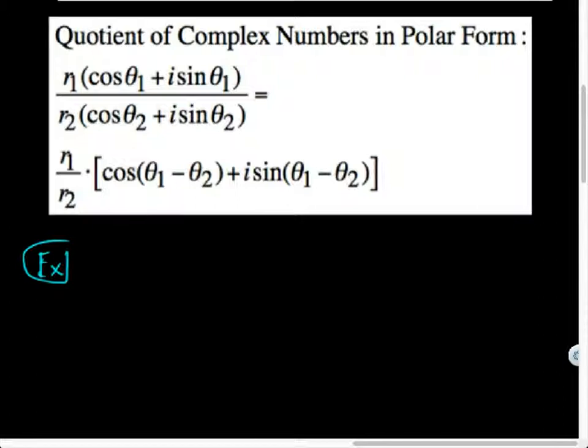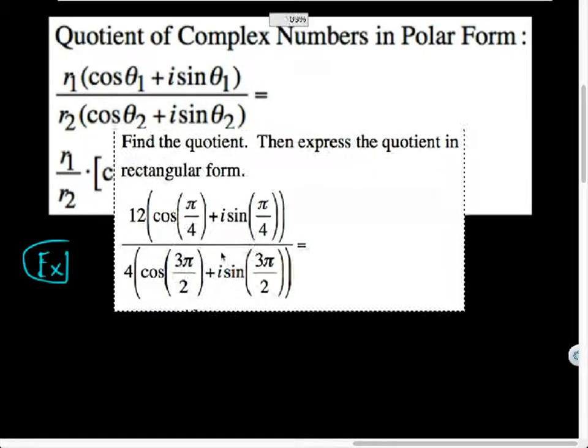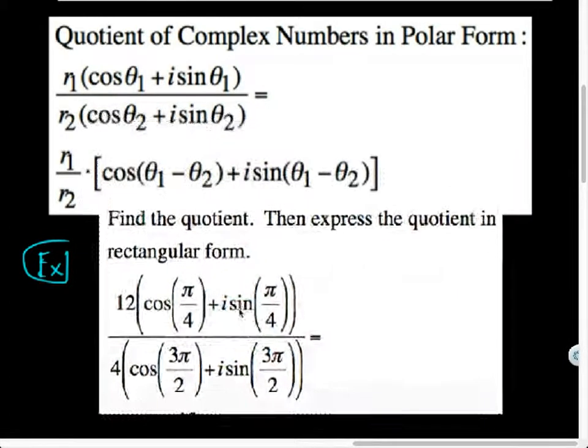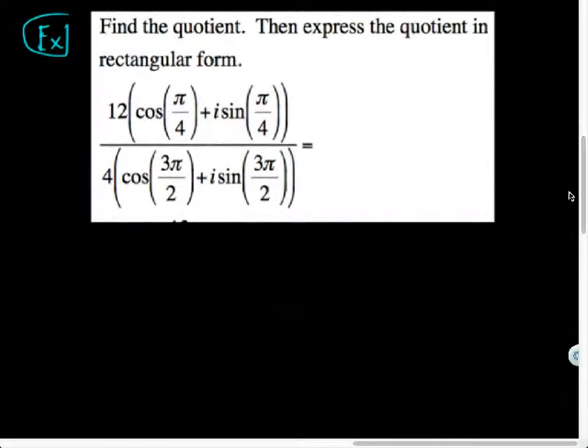And this ain't gonna be too bad, I don't think. And similarly to what we did before, we're going to find the quotient and then also express that quotient in rectangular form. So, in the case of a quotient, the new modulus, as we said, was going to just be R1 divided by R2.